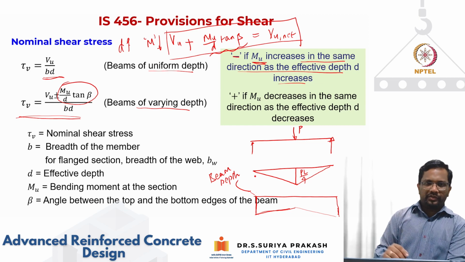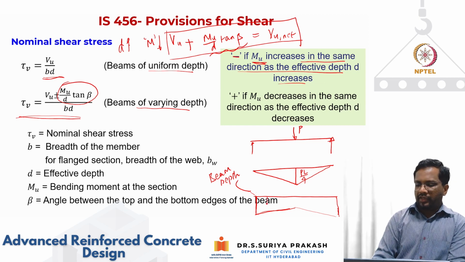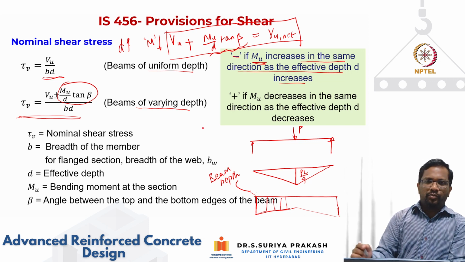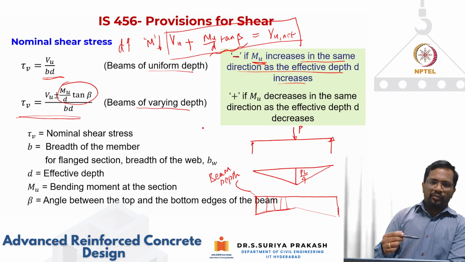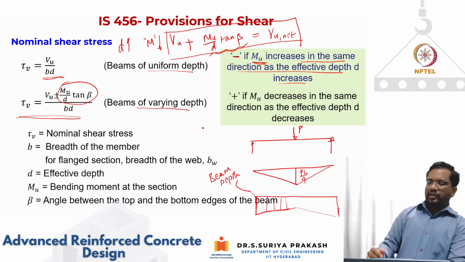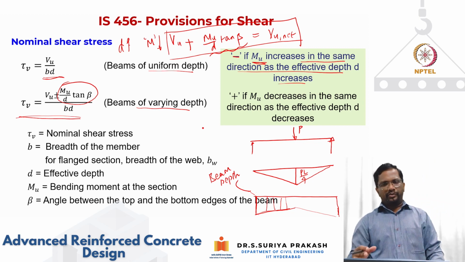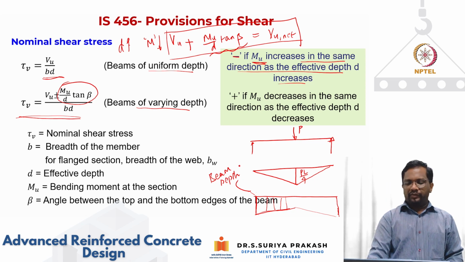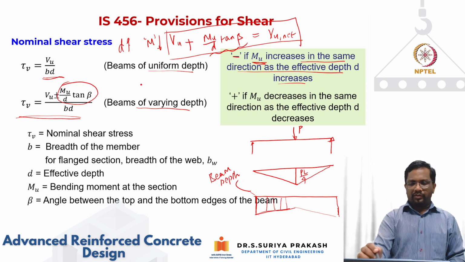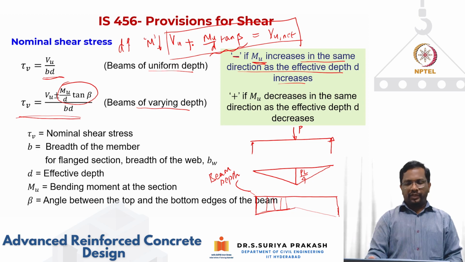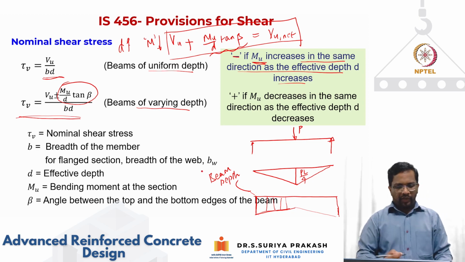In that case, your depth is increasing in the direction where the bending moment is decreasing. Sometimes we will have this kind of scenario in some structural elements, which we will talk about. So in that case, your net shear has to be increased. So that is what we're going to have.